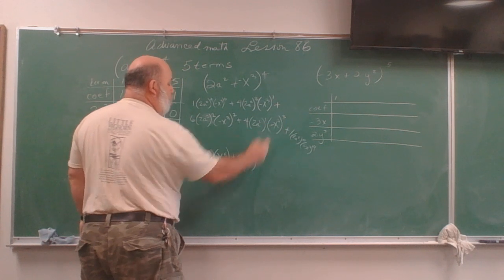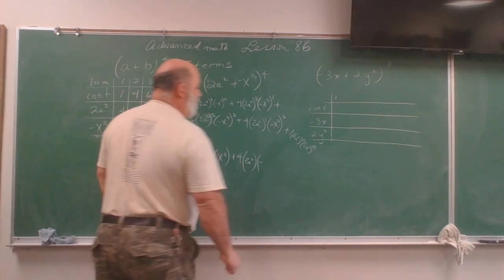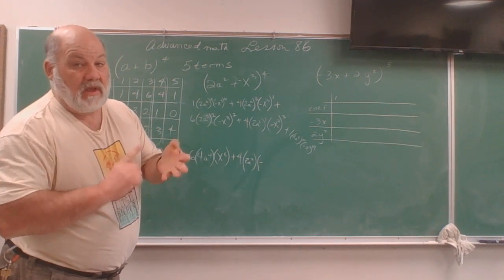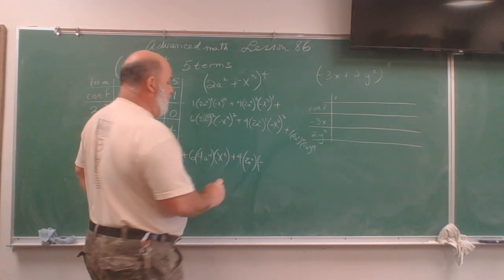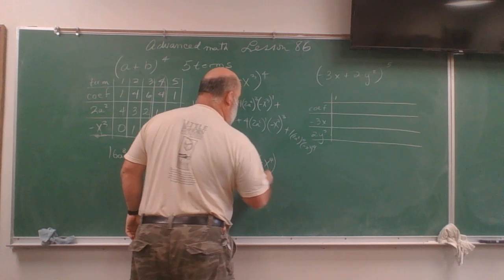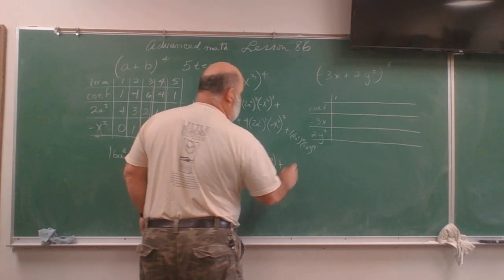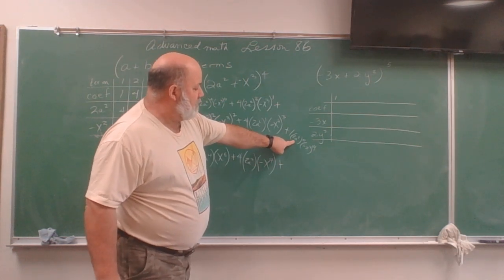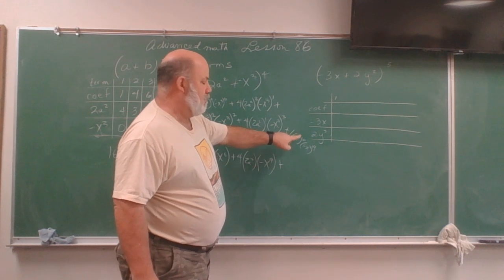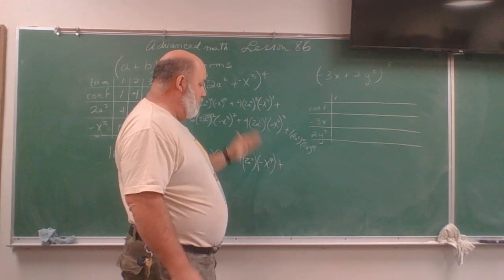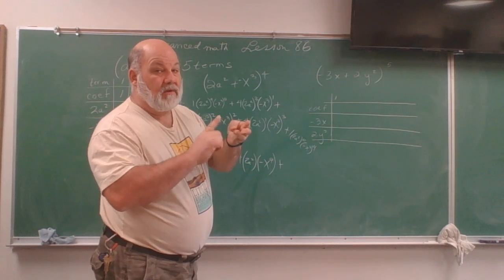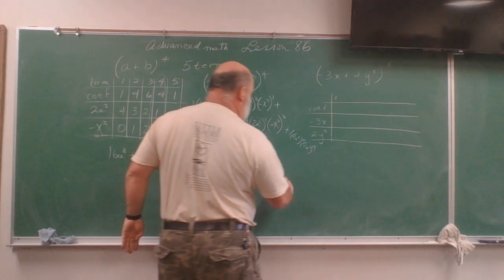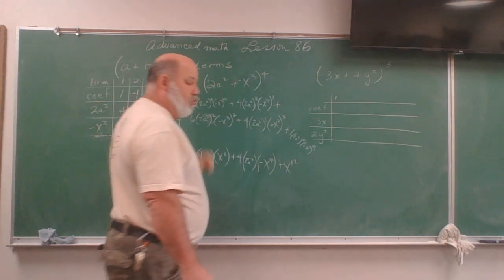Negative x cubed quantity cubed is going to give me negative, because it's a negative times a negative times a negative. X cubed, x cubed, x cubed. That is not x to the 27, that is x to the 9. Be careful. Plus 1. Excuse me, 2a squared to the 0 is 1. Negative x cubed to the 4th power. Negative, negative, negative, negative. We have a positive x to the 12th.